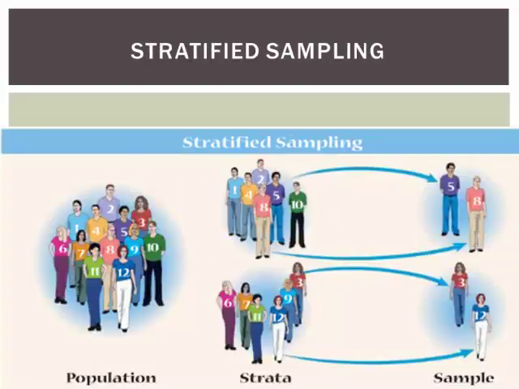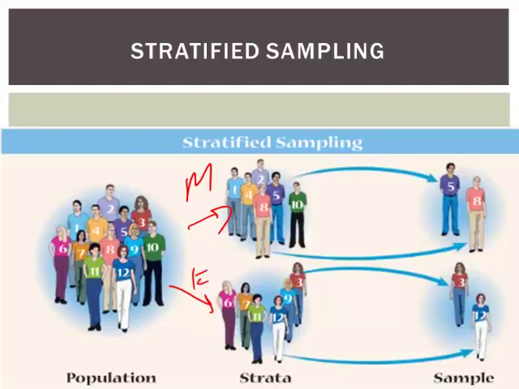Okay, this gets a little tricky here, and hopefully the visual helps. This is called stratified sampling. And this is obtained by separating the population into non-overlapping groups. So here, the groups are called strata. For instance, here we've got the males in this group and the females in this group.